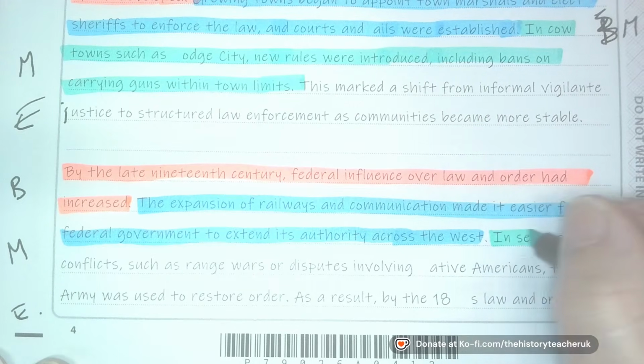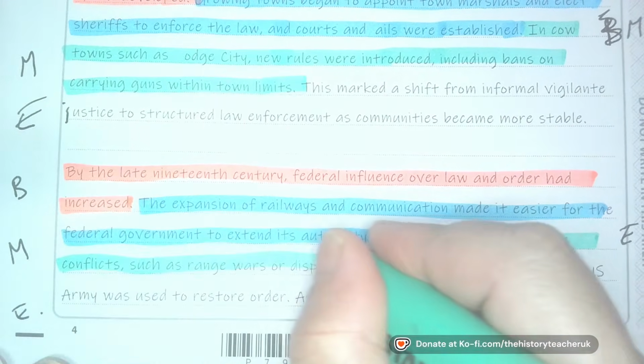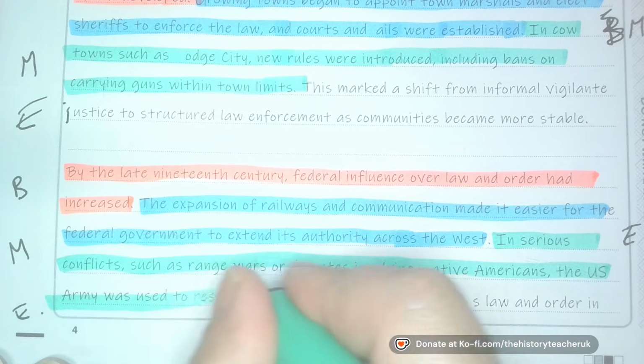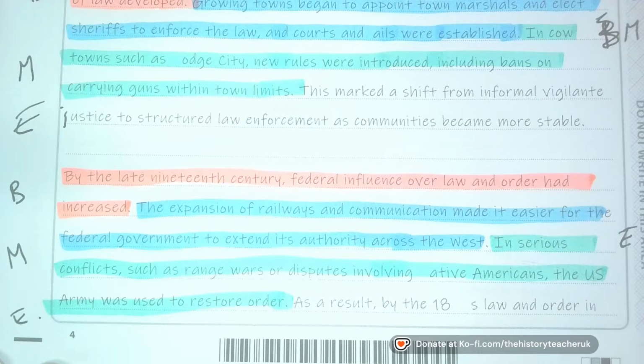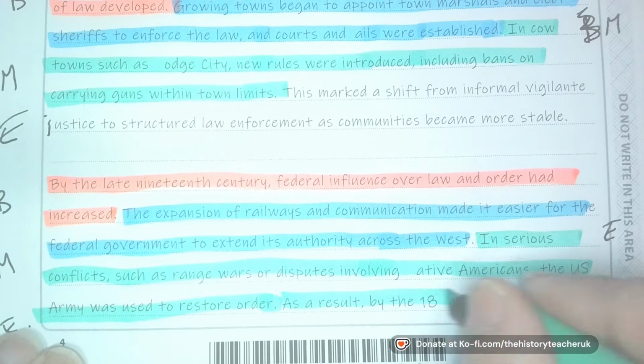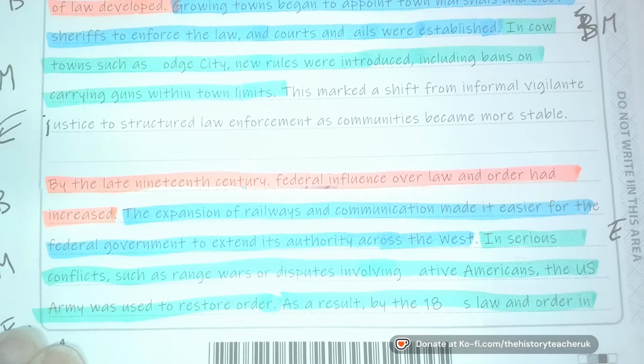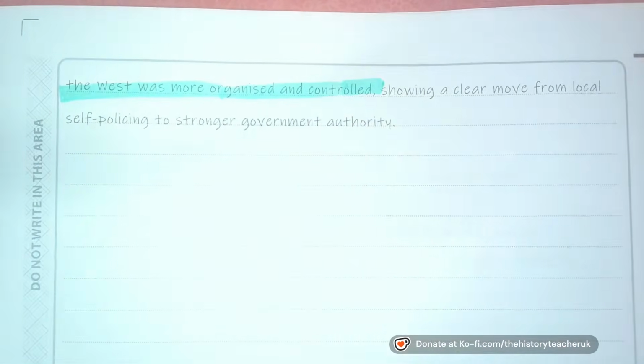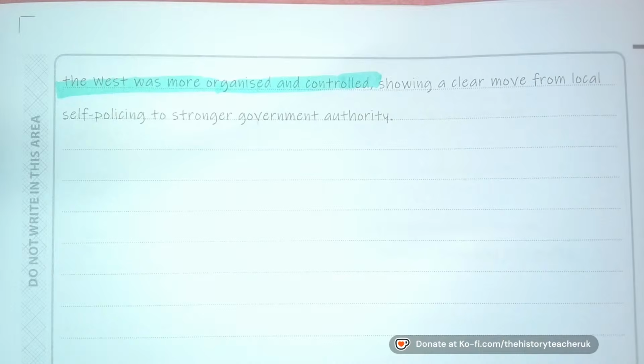And in serious conflicts such as range wars or disputes involving Native Americans, the US Army was used to restore order. And then as a result, by the 1890s, law and order in the West was more organised and controlled, showing a clear move from local self-policing to stronger government authority.